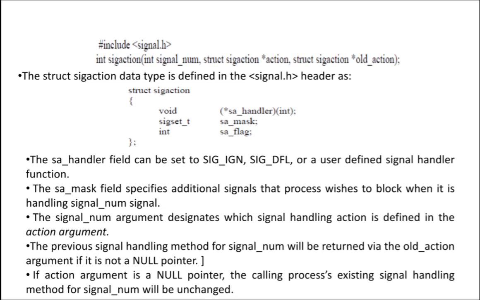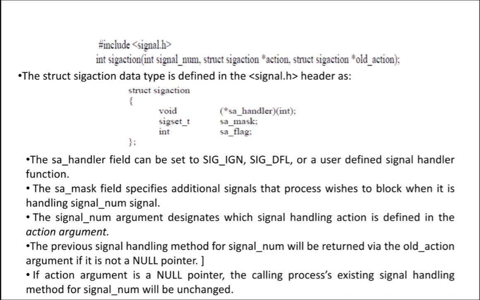Getting, guys? The default action will be returned. That is the old action. So assume that a signal has a default action, and now the default action is changed to ignore. If you want to know that, you can use the old action argument to know which was the argument that was assigned for the handling method.